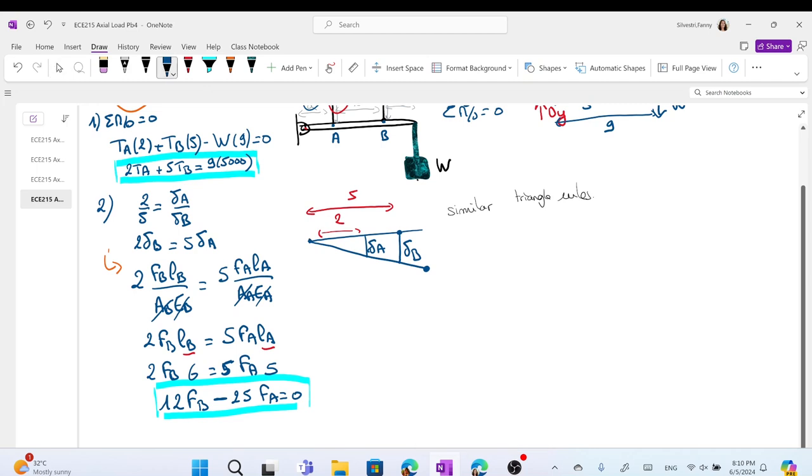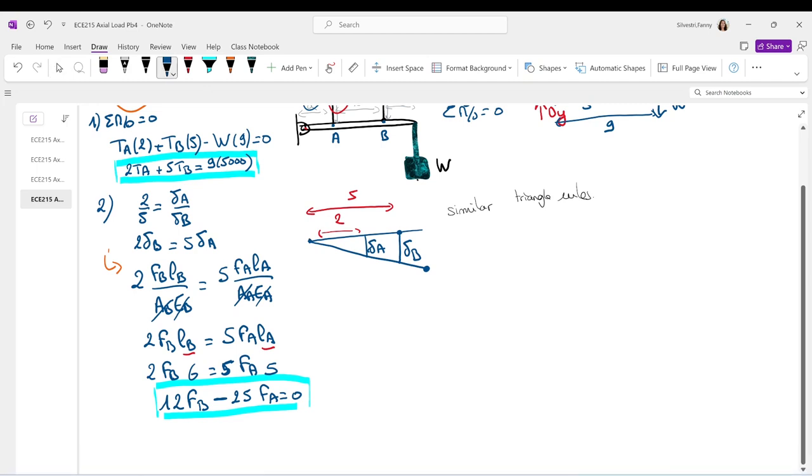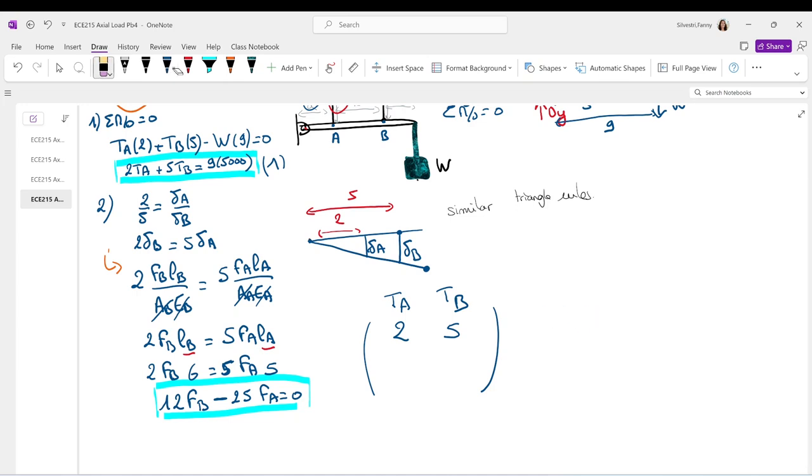Very convenient, two unknowns. We can plug that in a matrix. The matrix will have TA at the beginning, TB after that. So 2 TA plus 5 TB equals 9 times 5,000, 45,000. And on the bottom, be careful, I wrote F, but that's a T in our case. So this is minus 25 TA plus 12 TB equals 0.